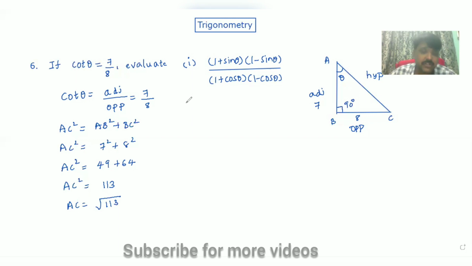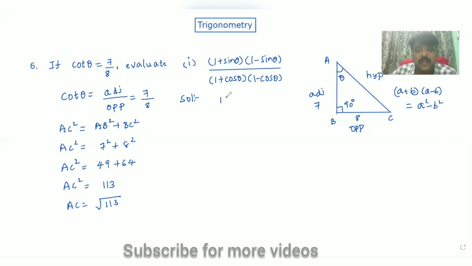Now, the first question we are asked is (1 plus sine theta)(1 minus sine theta) by (1 plus cos theta)(1 minus cos theta). Let us simplify it by using the formula (A plus B)(A minus B) equals A square minus B square.